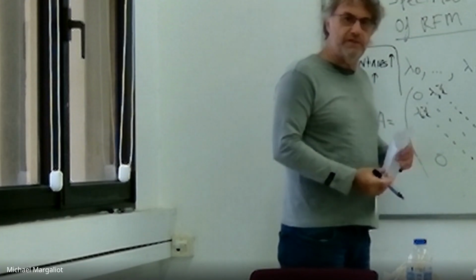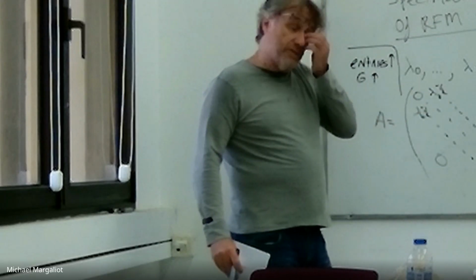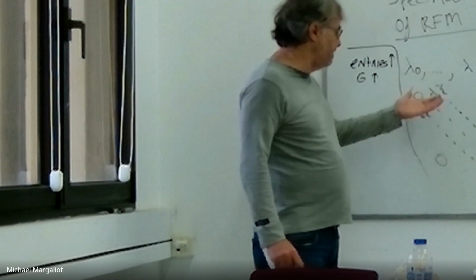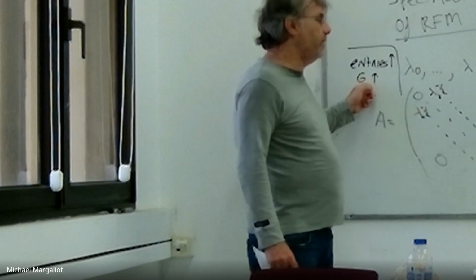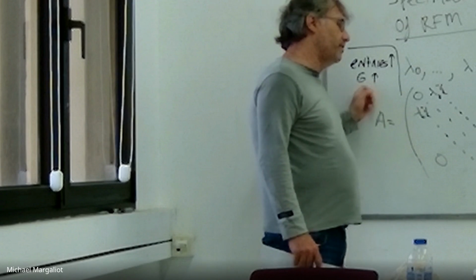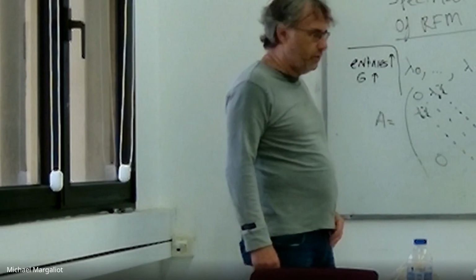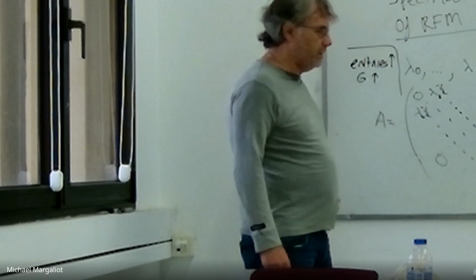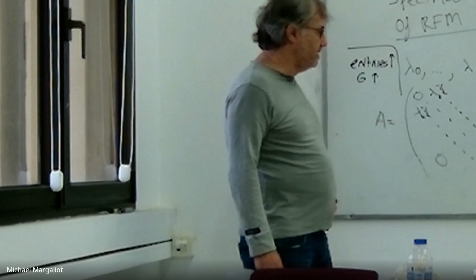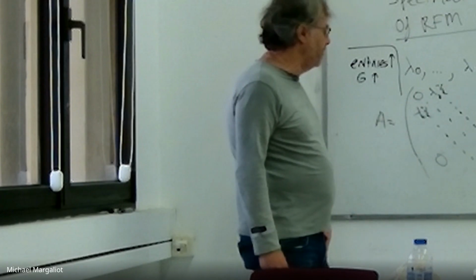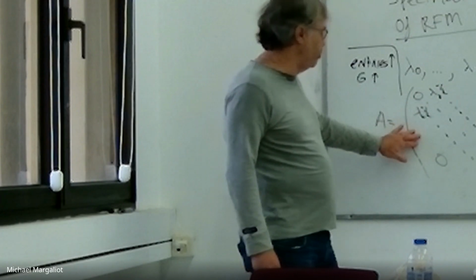Intuitively I think it is obvious that if we increase the entries, the Perron eigenvalue, which is the maximal or most dominant eigenvalue, can only increase. We will soon see this from the equations, but now I'm just looking for intuition.